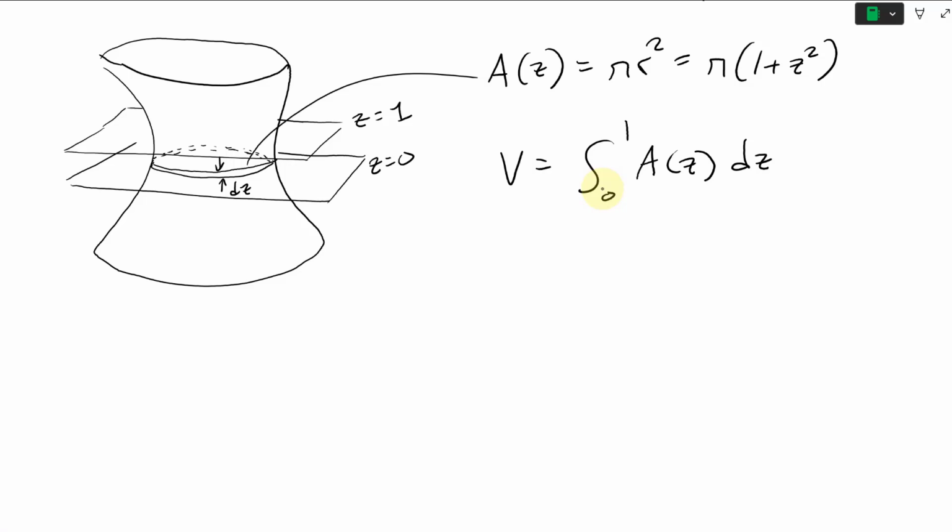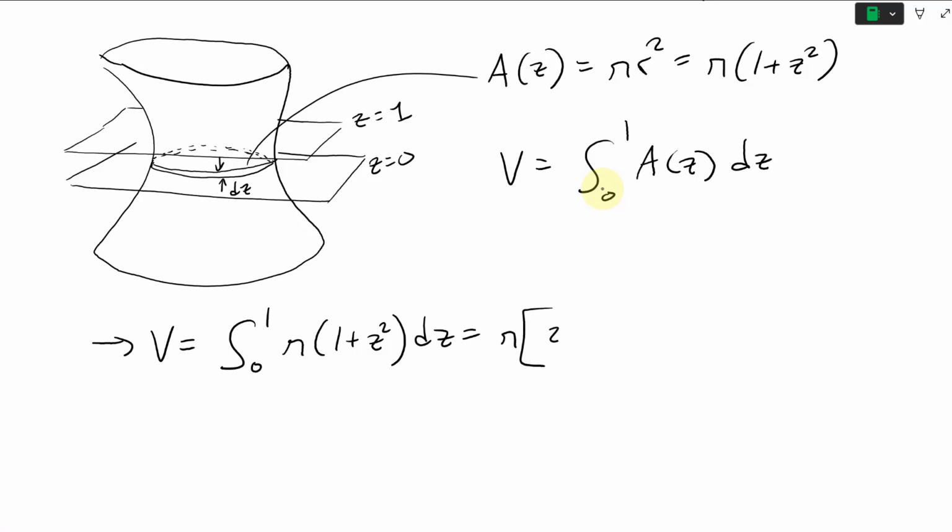So in other words, let's put the V here now. This equals the integral from 0 to 1, plug in our A of z, the area. It's equal to pi times (1 plus z squared) inside, dz. This equals, take integral, put the pi out of there. This equals the integral of 1 is just z.